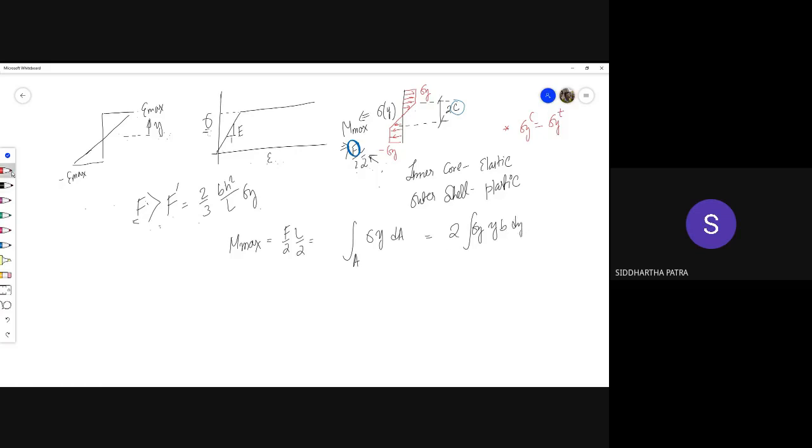So b dy is actually your differential area, and the range actually is from c to h by 2. You see, it happens on both these sides. That's why I'm just multiplying with 2.